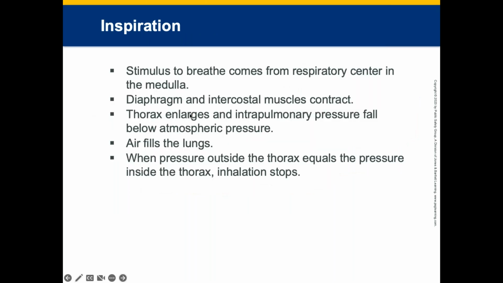So inspiration is the stimulus to breathe, which comes from the respiratory center in the medulla, right? So involuntary control of breathing originates at the brainstem. The impulses for autonomic, or automatic, breathing can be overridden to a point by voluntary control, right? So we can control our breathing.